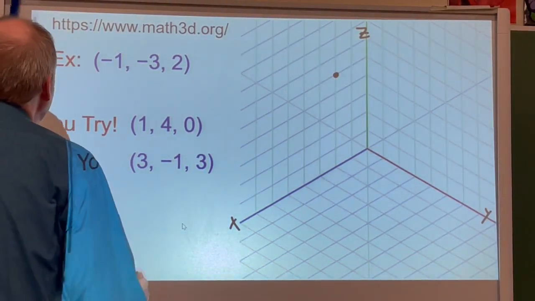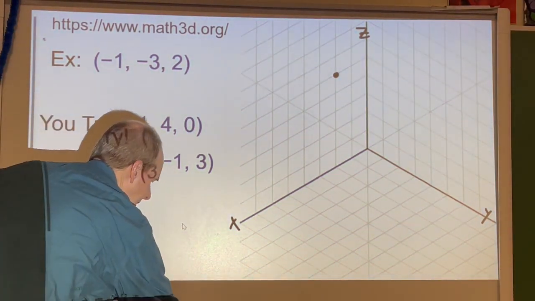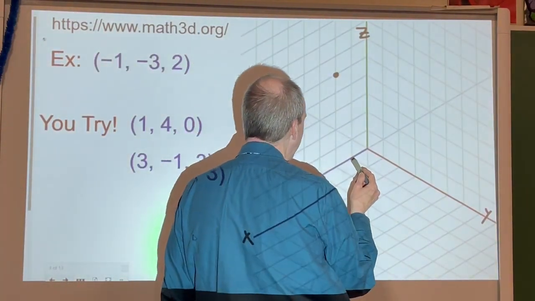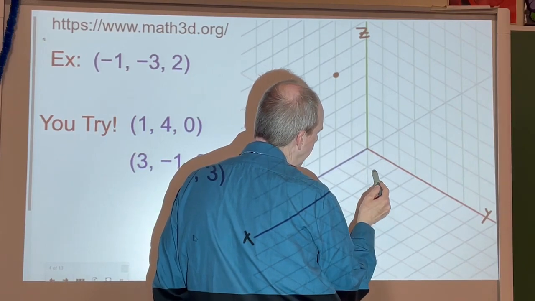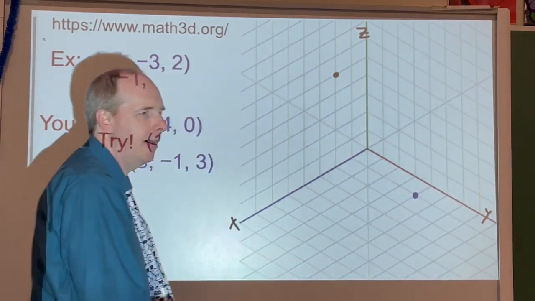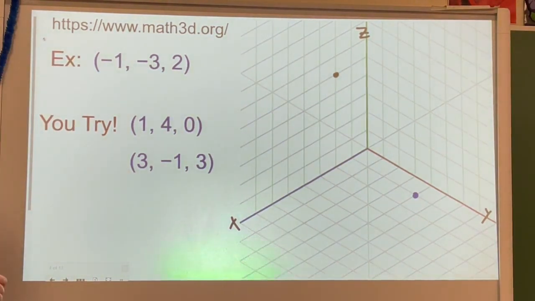All right, let me see if I can graph 1, 4, and 0. So x is 1, forward the 1, y is 4, 1, 2, 3, 4, and then z doesn't move up or down, it's 0. So it's around there. Next one, 3, -1 and 3.